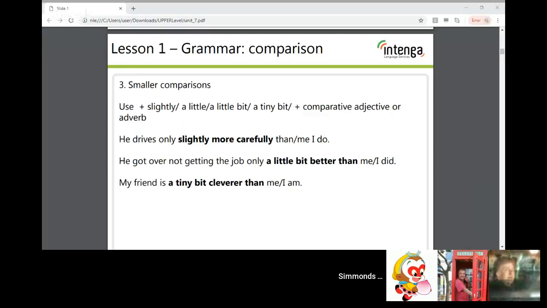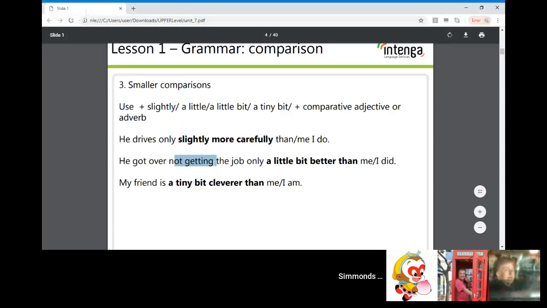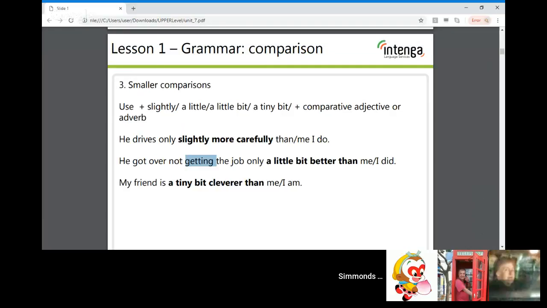Yes. All right, now I've got a very difficult grammar question. Why is getting in the ing form? Because of not? Because of not or something else? Because not just makes a sentence negative. Get over and not without to, the original verb cannot be used. Right. Well, to get over is a phrasal verb.